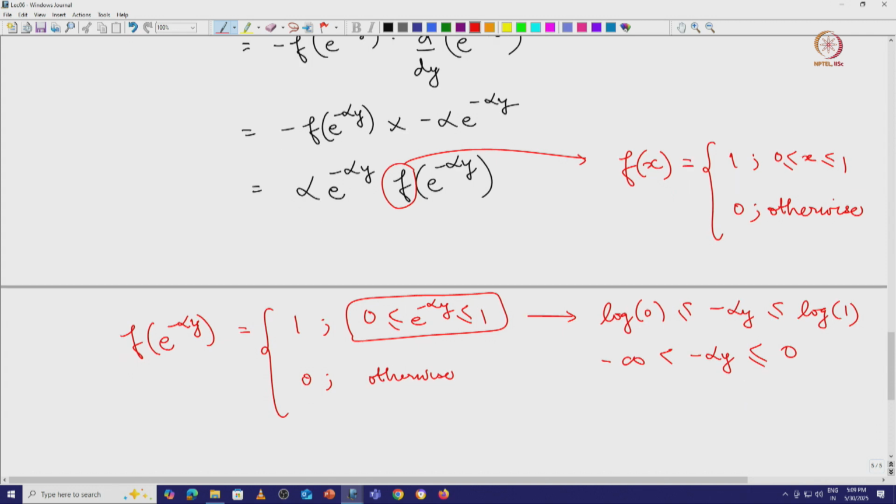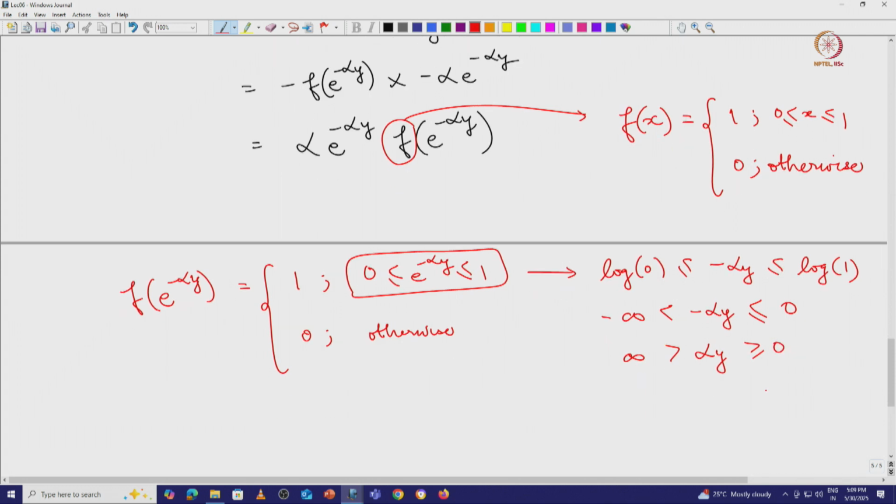So what this means is minus infinity is the lower limit of minus alpha y and the upper limit is 0. Now if we multiply the whole equation by minus 1, then we will get infinity greater than alpha y, and that is greater than or equal to 0. And finally, because alpha is a positive number, we can divide by alpha throughout and the inequality would not change.